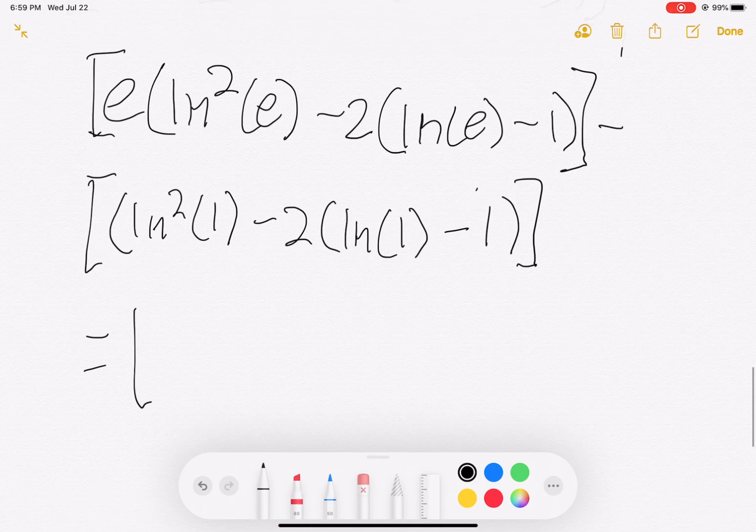So let's simplify. This equals e times, well, natural log of e all squared. So it's base e.